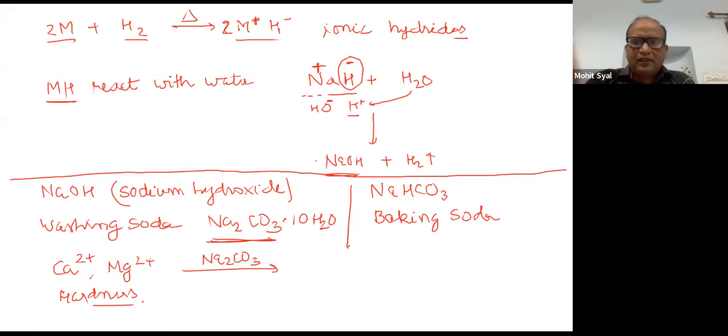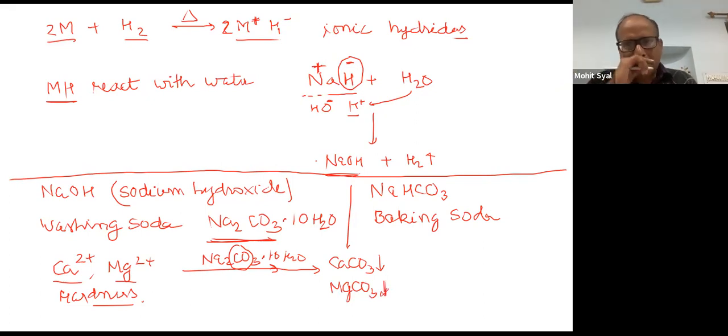You put this washing soda, and the carbonate ion combines with calcium and magnesium and forms CaCO3 and magnesium carbonate. Why do I put this arrow? Because they settle down. Calcium and magnesium ions form a precipitate and are removed from the water. So hardness is removed. Now that water becomes suitable for washing.